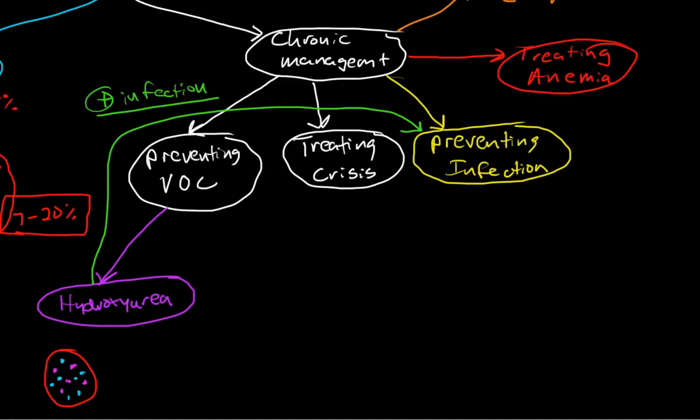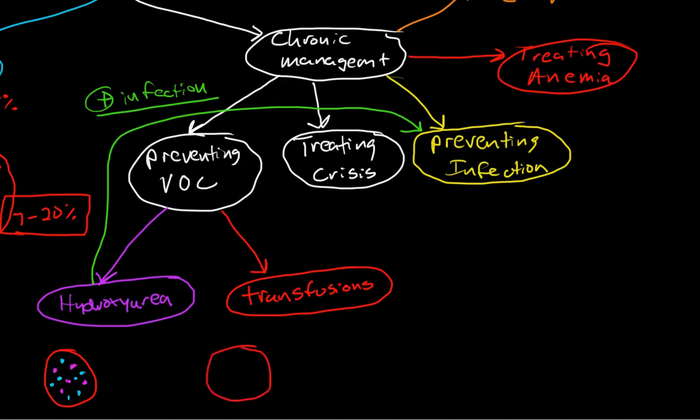Now, the second part of preventing vaso-occlusive crises is chronic transfusions. Chronic transfusions work in some ways similar to hydroxyurea, because they decrease the concentration of red blood cells that have hemoglobin S in them.